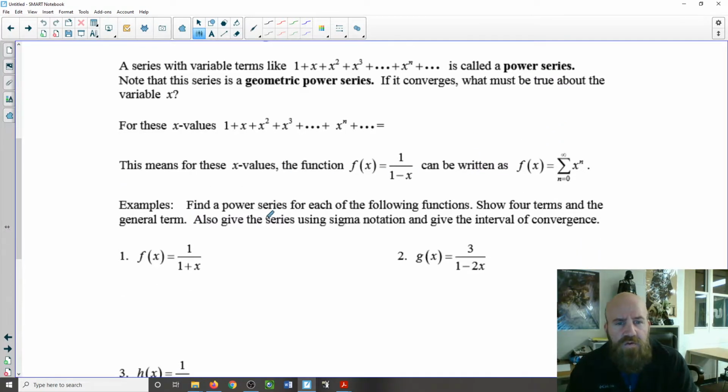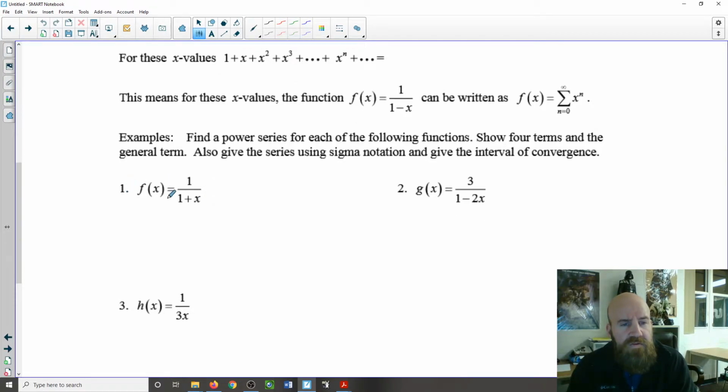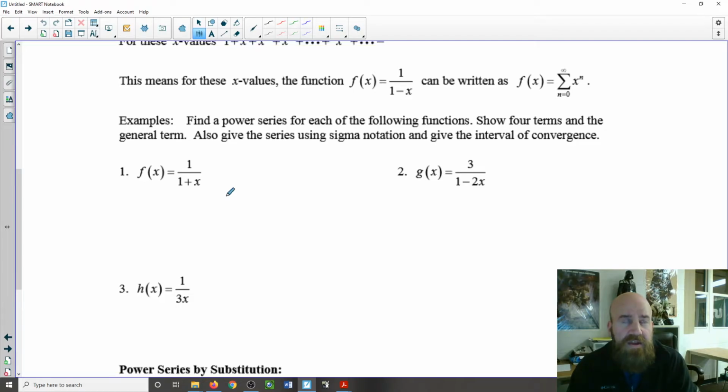All right, so for finding the power series for each function, we're going to show 4 terms of the infinite polynomial, and then we're going to write the series in sigma notation. Then we're going to find this thing called the interval of convergence, which we'll talk about in a little bit.